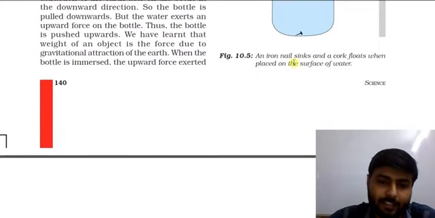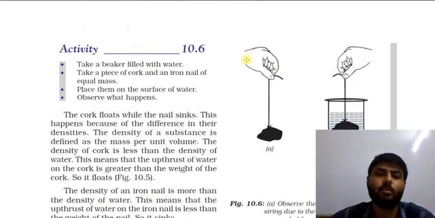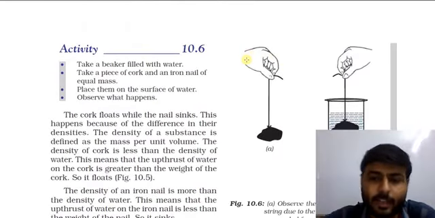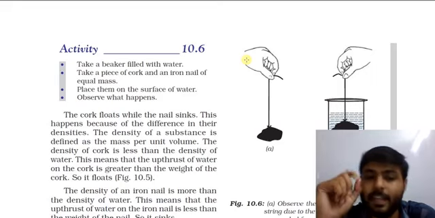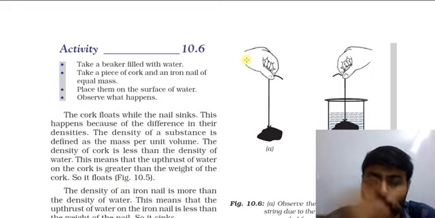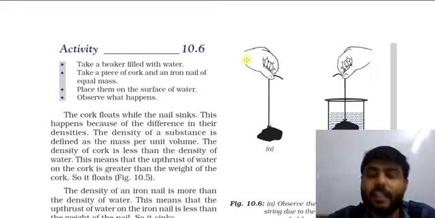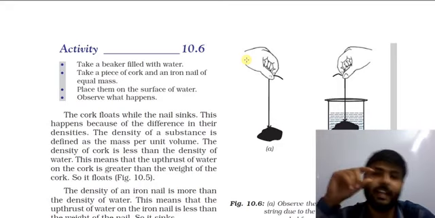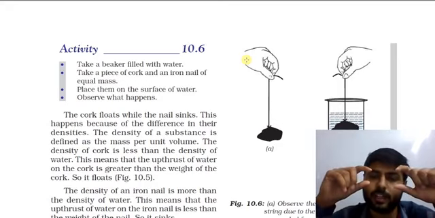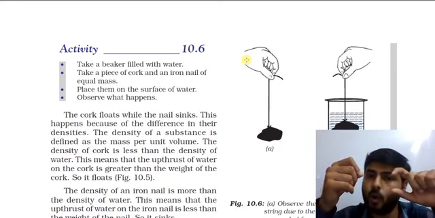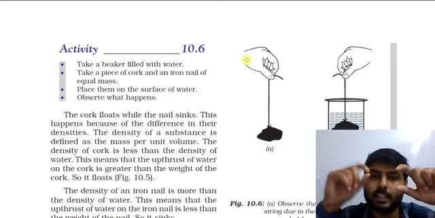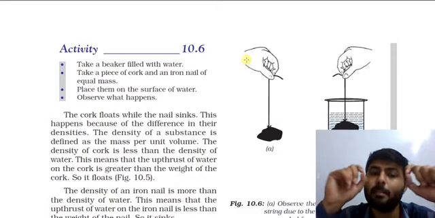So we have another activity. Now we put different things in water. Take a beaker, fill it with water, and now we take a piece of cork, that is wood, and an iron nail of equal mass. We take two things. One is an iron nail and one is cork or say wood. Both have the same mass.